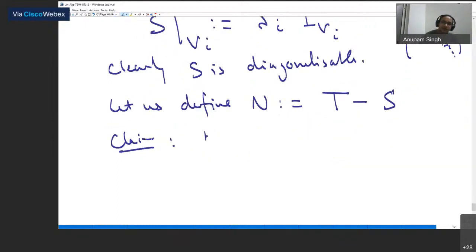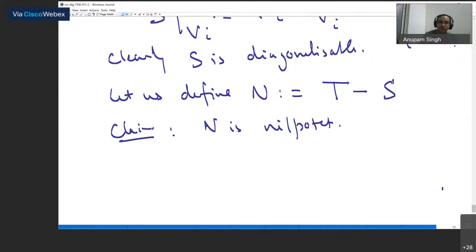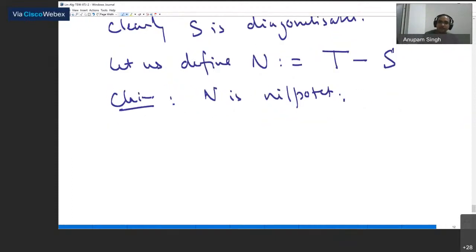So claim: N is nilpotent. Once I prove this claim, I already have T is S plus N, with S diagonalizable and N nilpotent.